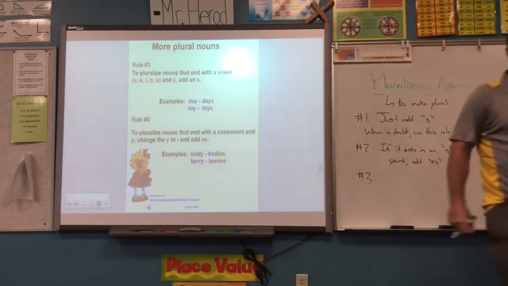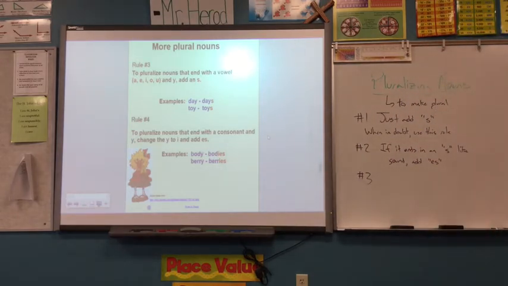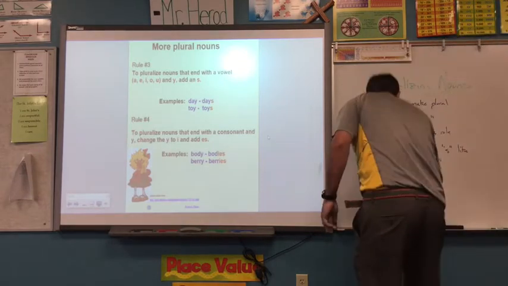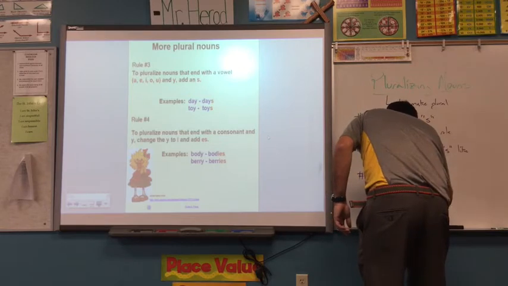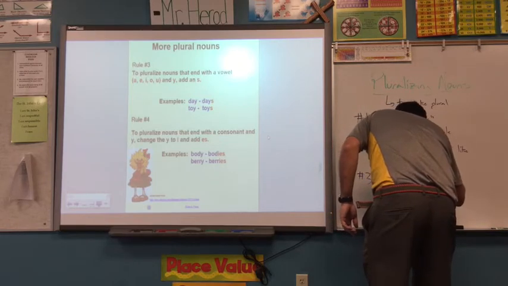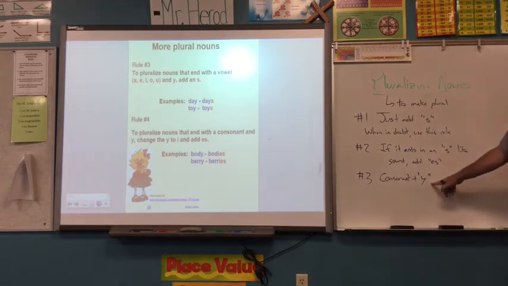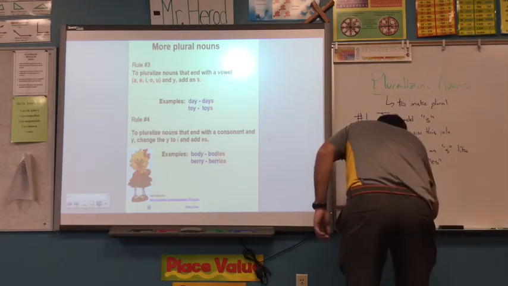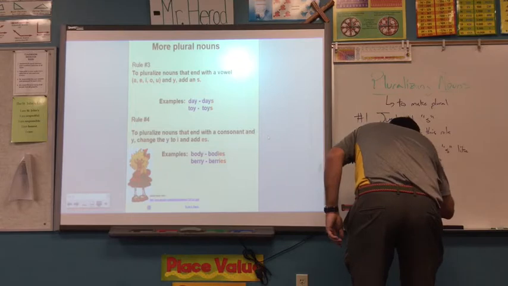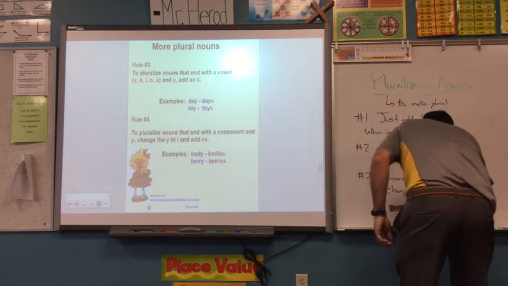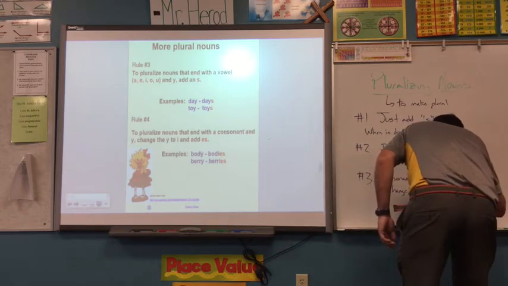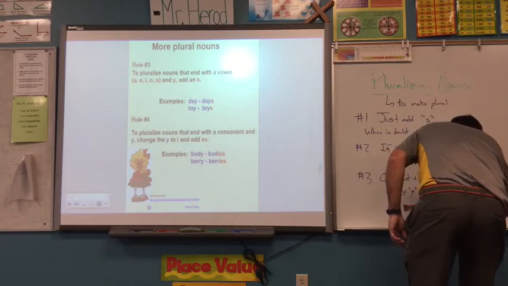And the trick is consonant, then Y. Consonant, then Y. I hope we all remember what a consonant is. I don't want to have to teach that again. So if we have a word that ends in a consonant plus a Y, we change Y to I and add ES.